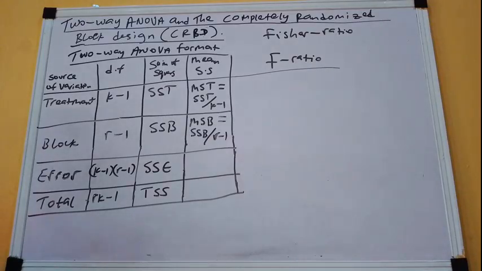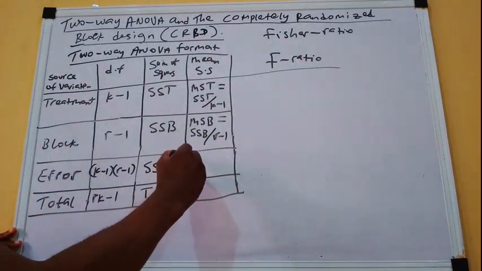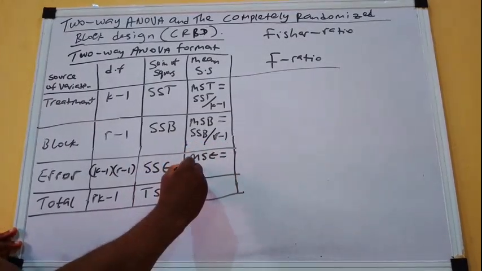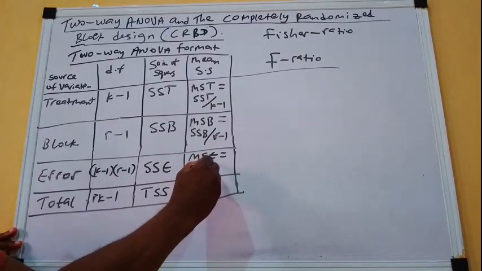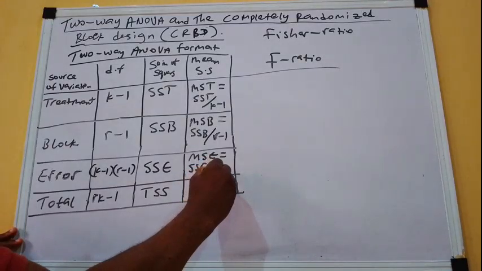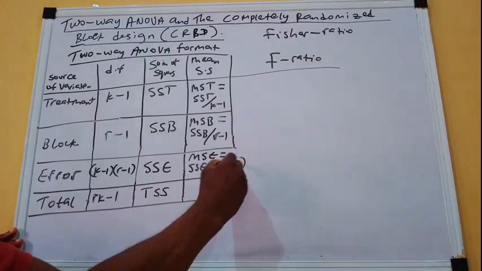Then the mean sum of squares for error is equal to the sum of squares for error all over the degrees of freedom, that will be K minus 1 into R minus 1.